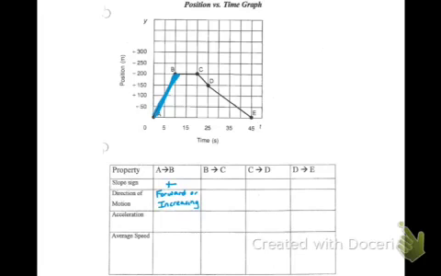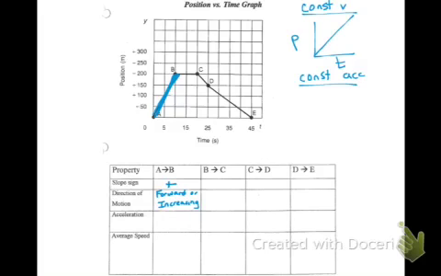So, we've got two types of position versus time graphs, I should say. We've got our constant velocity, and we've got our constant acceleration. So our position versus time for constant velocity, because we're moving at the specific amount, we're moving a specific distance over the same period of time.